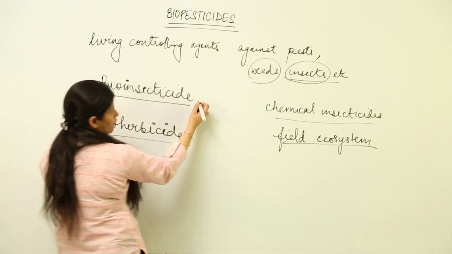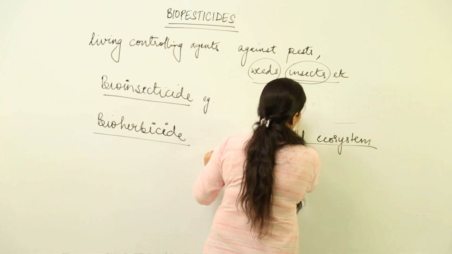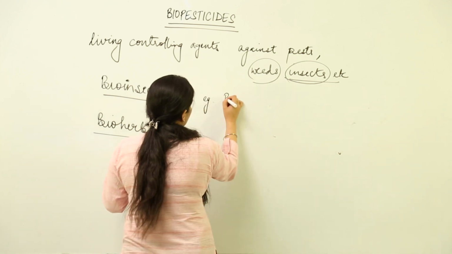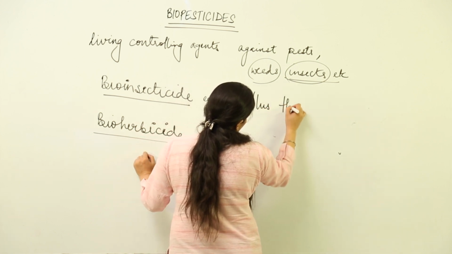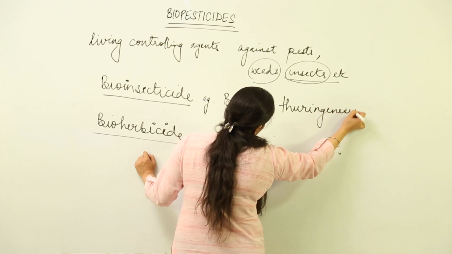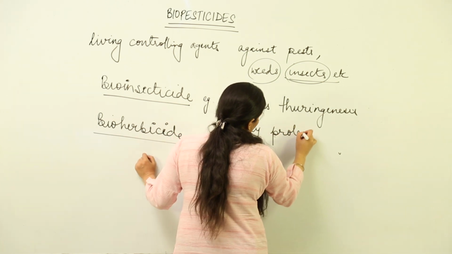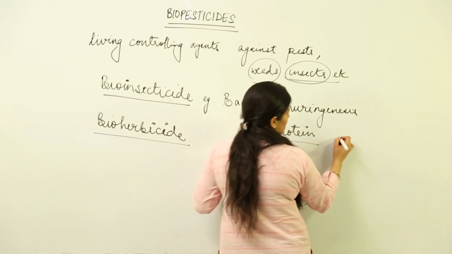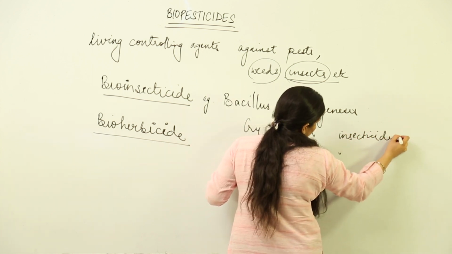We have the example of bioinsecticide in the form of spores of BT, that is Bacillus thuringiensis. Bacillus thuringiensis is a bacterium that produces Cry proteins. Now, these Cry proteins have a highly targeted insecticidal property.